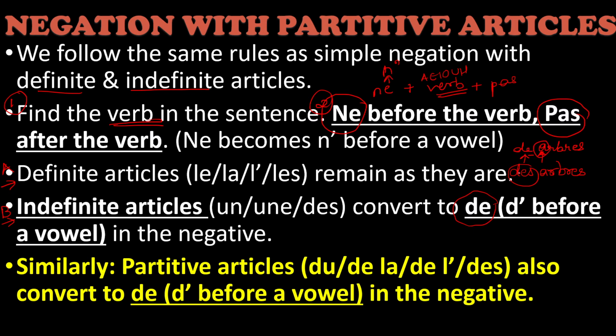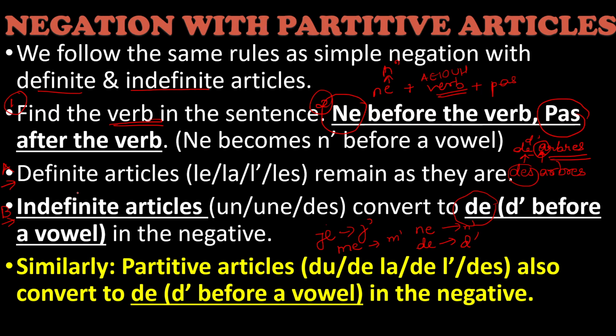So whenever you have the noun starting with a vowel, that de has to become d apostrophe. This should happen automatically by now. Je becomes j apostrophe, me becomes m apostrophe, ne becomes n apostrophe, and de becomes d apostrophe before a vowel. So these were the rules which we've done prior.